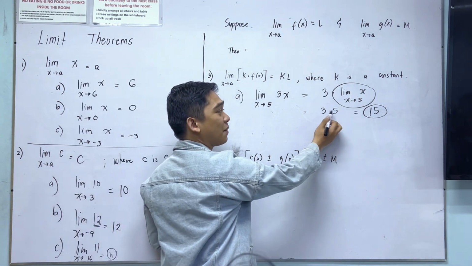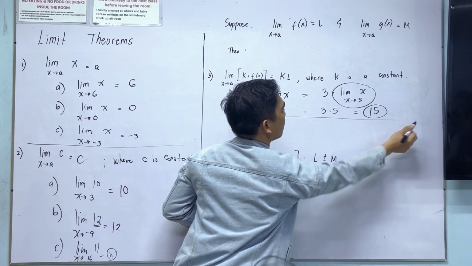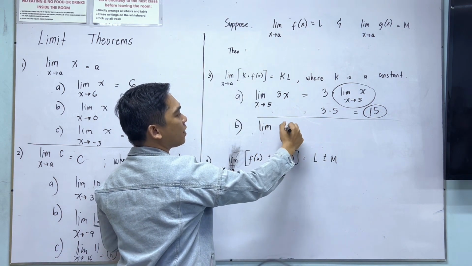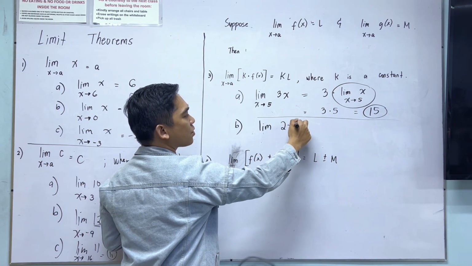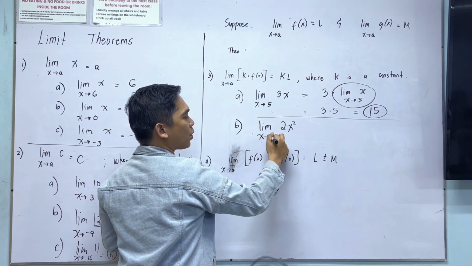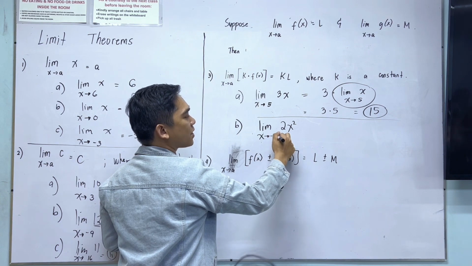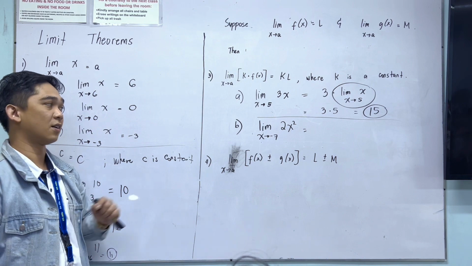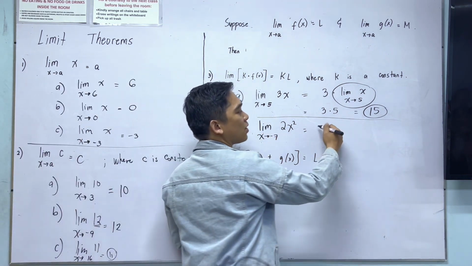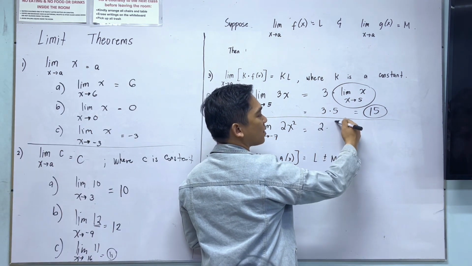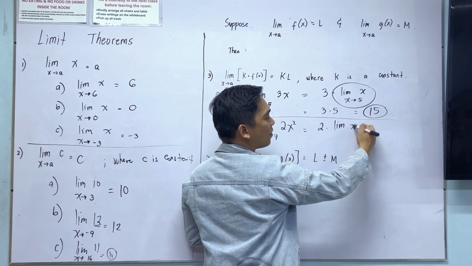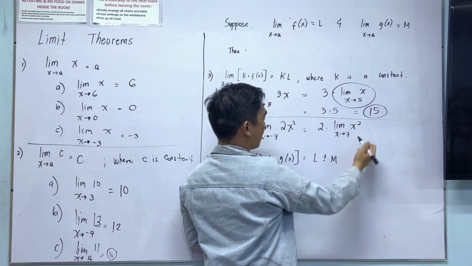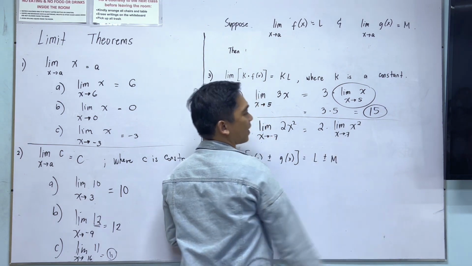Bakit 15? Kasi 3 times 5, 15. Letter B, limit of 2x squared as x approaches negative 7. Paano naman iyan? 2 times limit of x squared as x approaches negative 7.